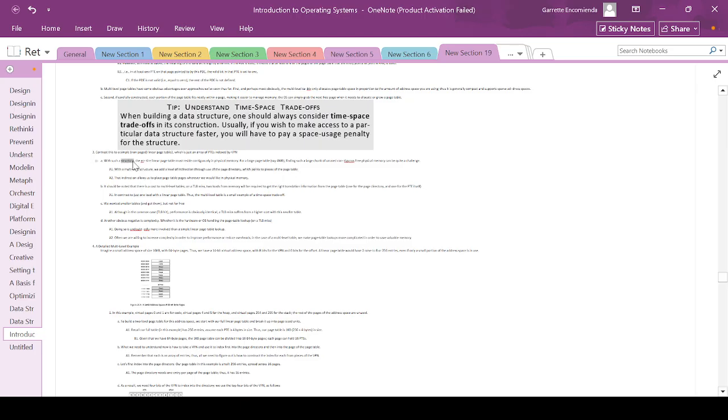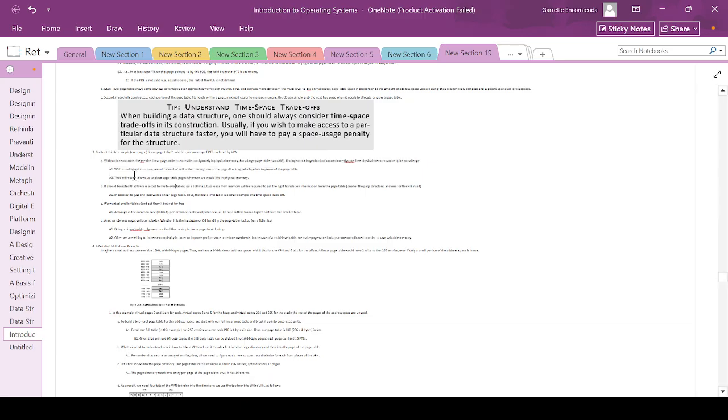So again, with a linear structure, the entire linear page table must reside contiguously in physical memory. For a large page table, say 4 MB, finding such a large chunk of unused, contiguous free physical memory can be quite a challenge.